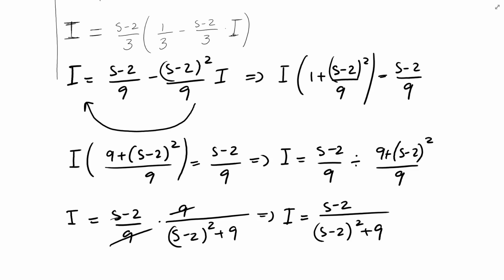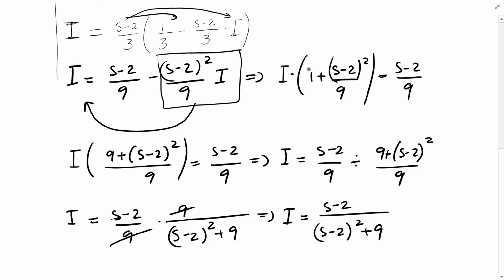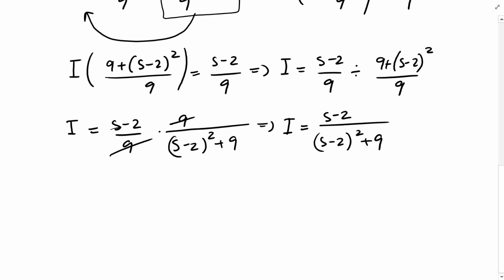We multiply s minus 2 with each of them, and then we move the whole quantity with I on the left-hand side. We factored I out, and then I did just some algebra. And so we ended up with I equals (s minus 2) over (s minus 2) squared plus 9, but I was the Laplace transform of e to the 2t cosine of 3t of s.